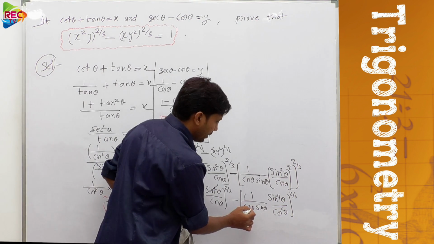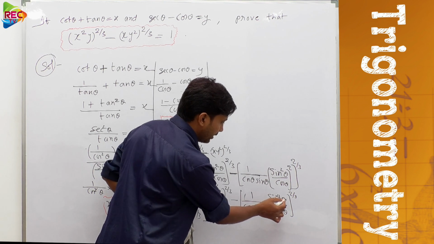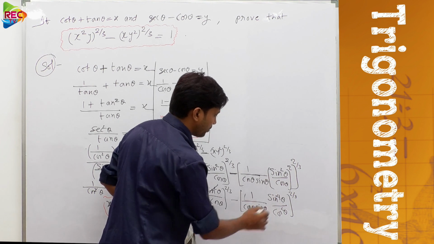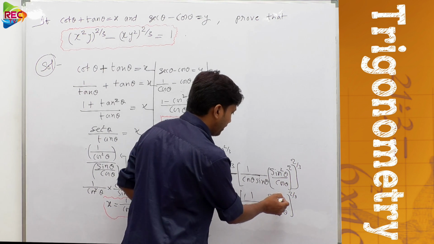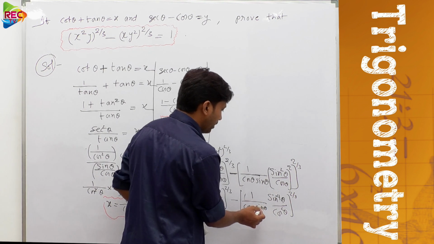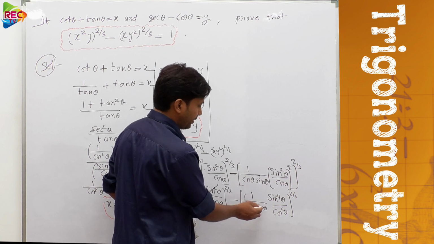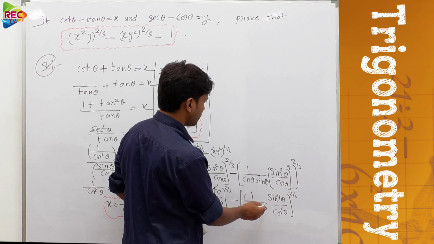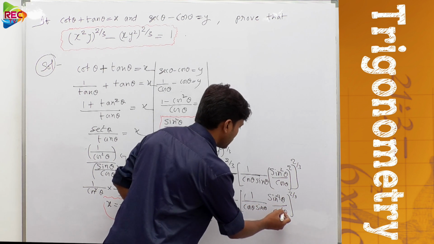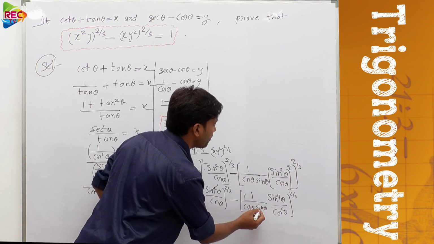Here also, in this part we have sin power 4 theta and here we have sin theta. We can cancel one of the sin theta, or not? Cos square theta is here and cos theta is here. Sin power 4 theta is here.